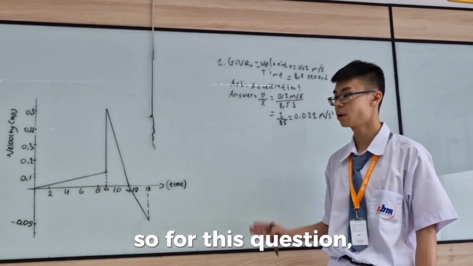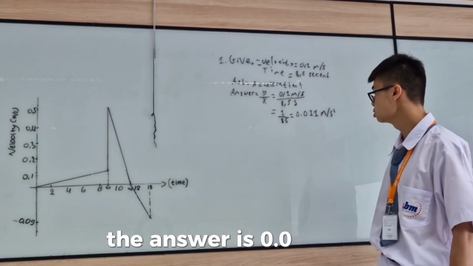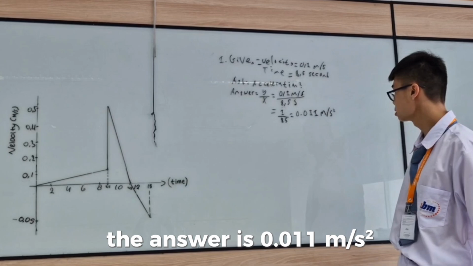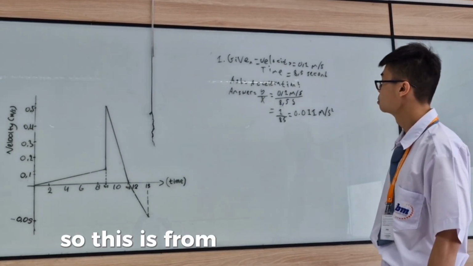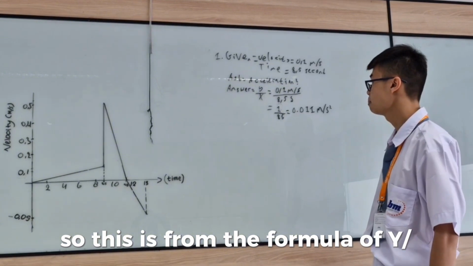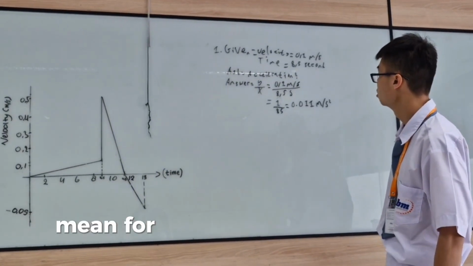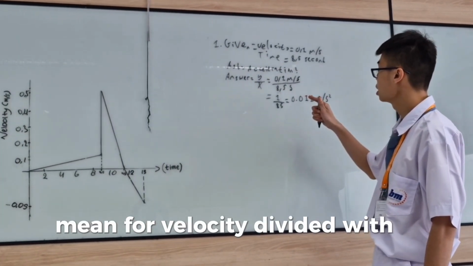So from this question, the answer is 0.011 meter per second squared. This is from the formula: the change in velocity divided by 8.5 seconds.